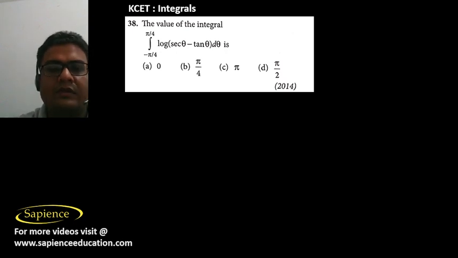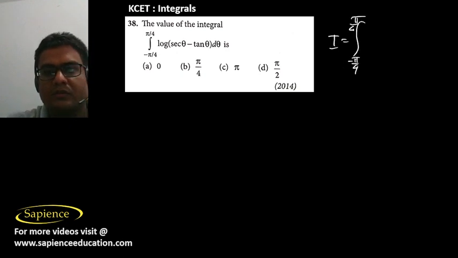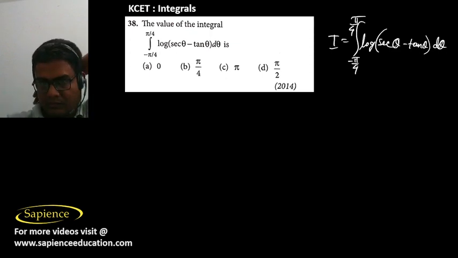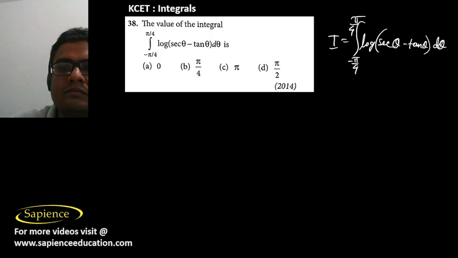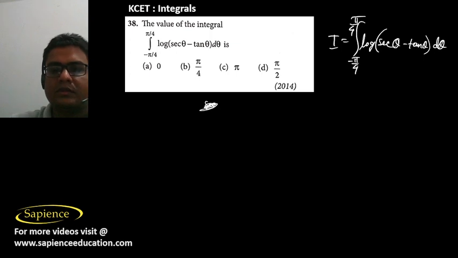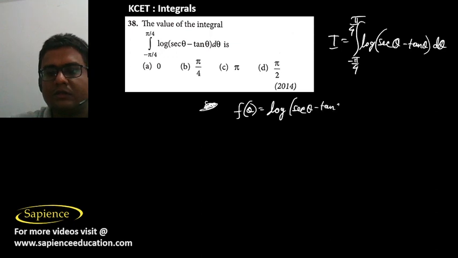Then it's told to find the value of this integral I, equal to the integral from minus pi by 4 to pi by 4 of log of (sec theta minus tan theta) d theta.